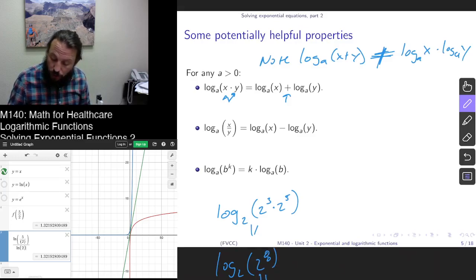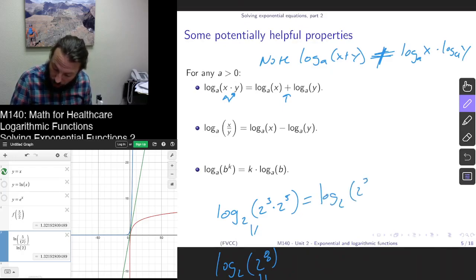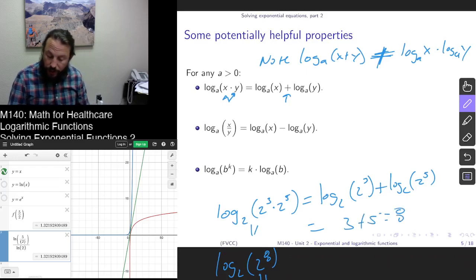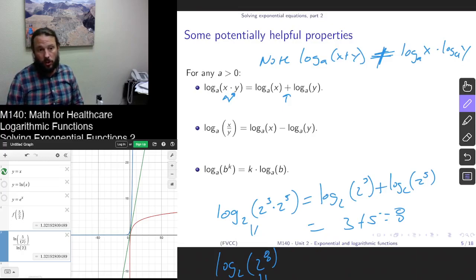Log base 2 of 2 to the 8th is, pause it if you need to, 8. On the other hand, our rule tells us this is log base 2 of 2 cubed plus log base 2 of 2 to the fifth. And there we get 3 plus 5, or 8 as well. It's that idea. They're talking about the exponents, so that's why that rule works out.